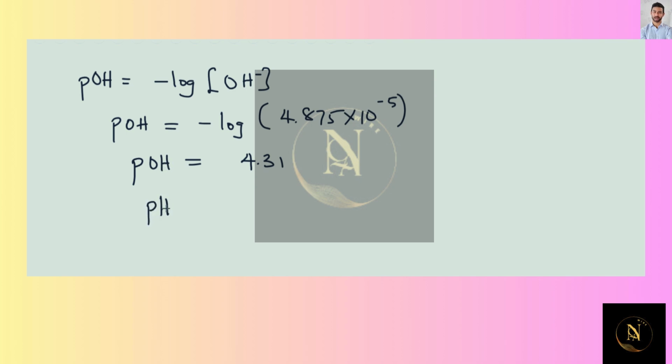To get pH, we have to subtract pOH from 14, because pH plus pOH is equal to 14. So this is going to be 14 minus 4.31, which is 9.69. So that's the pH.